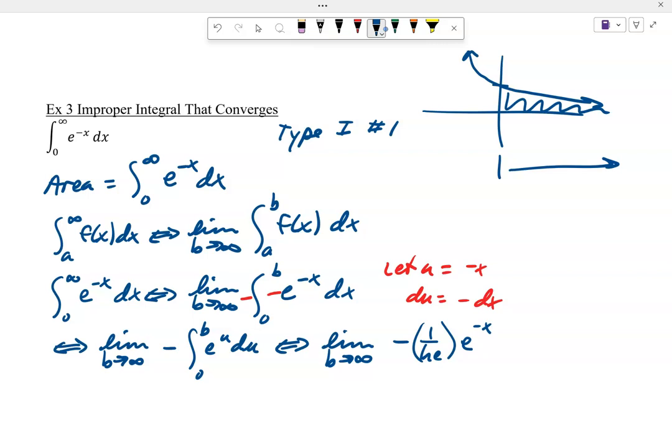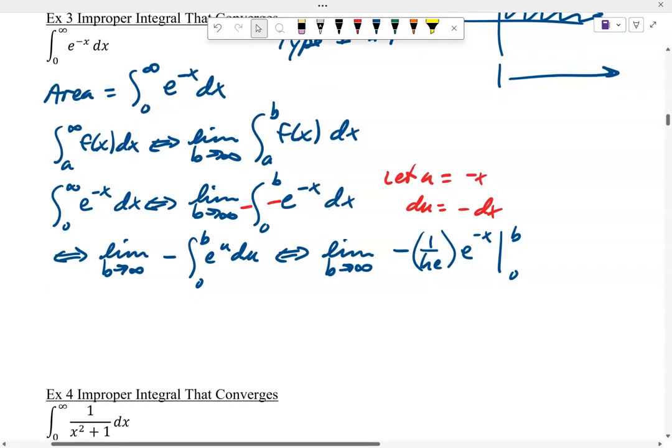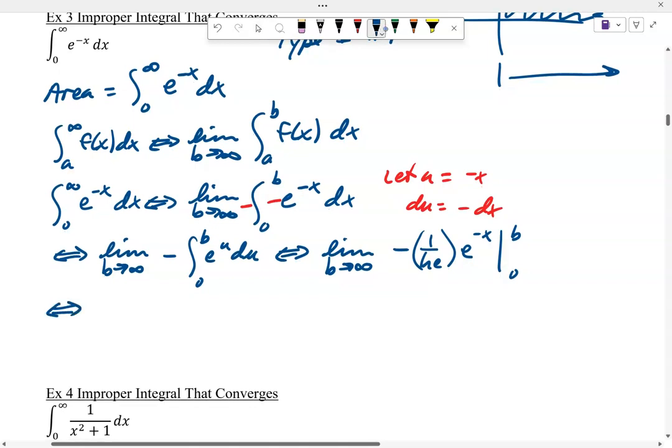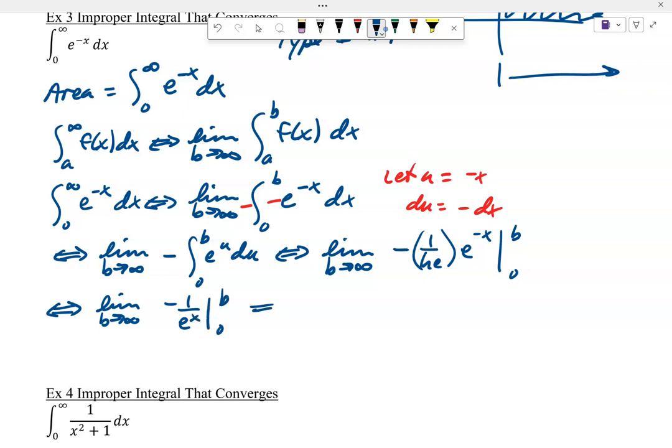We know the ln of e is just 1, so we've just got limit as b goes to infinity of negative 1 over e to the x. So here we've got e to the b.